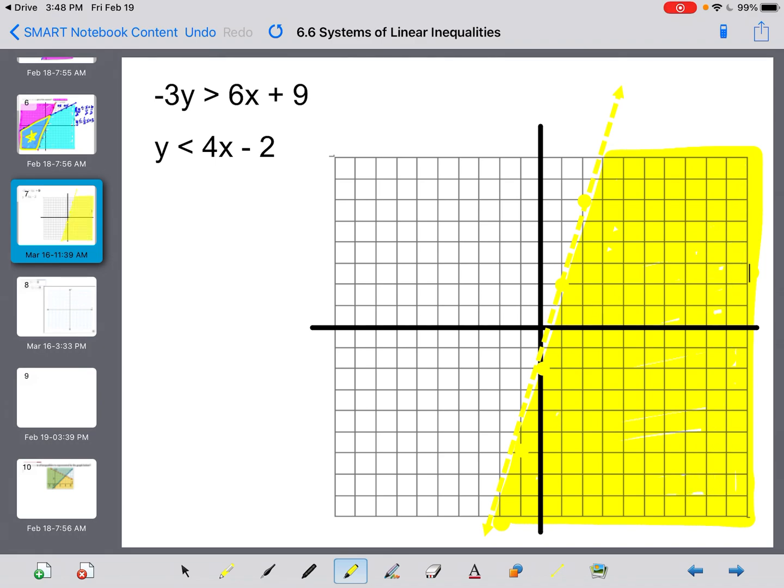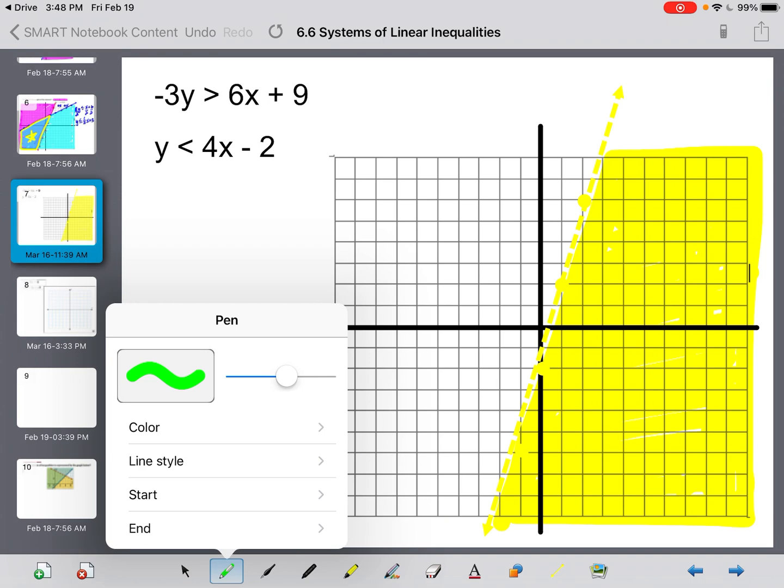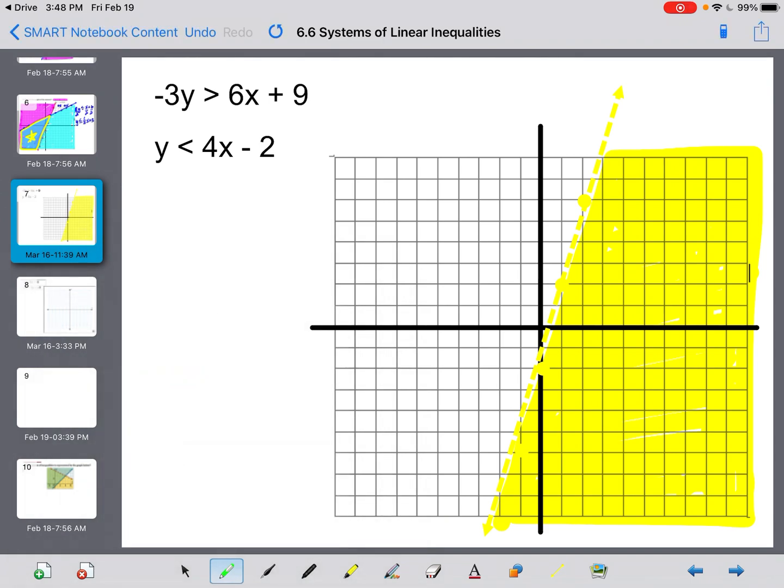Okay. The top one, we need to get y by itself, so we're going to divide by this -3. And if you remember, anytime that we multiply or divide by a negative number, we have to flip the inequality symbol. So now instead of having y is greater than, I have y is less than -2 minus 3, -2x.